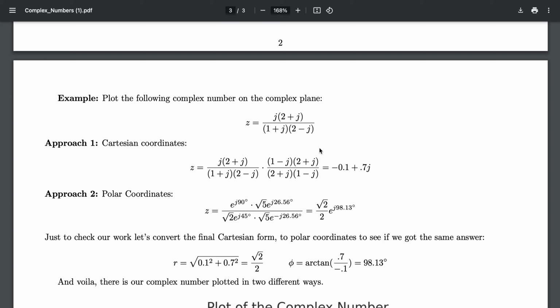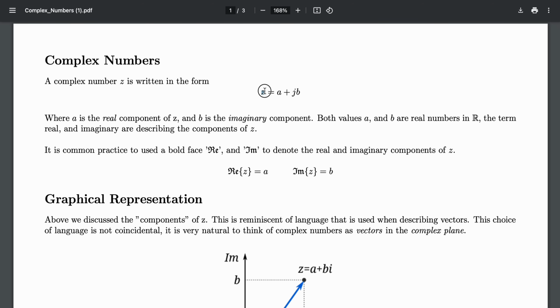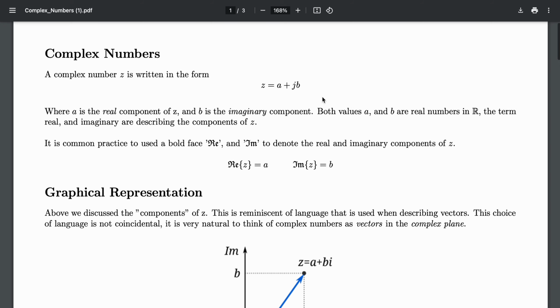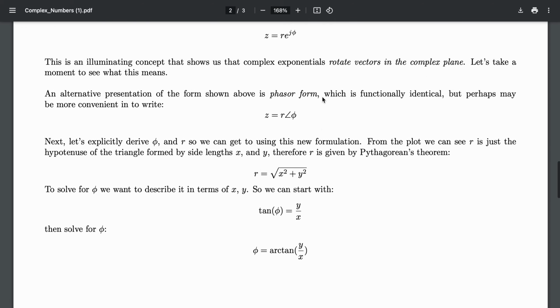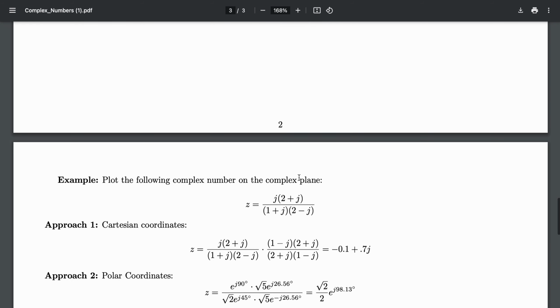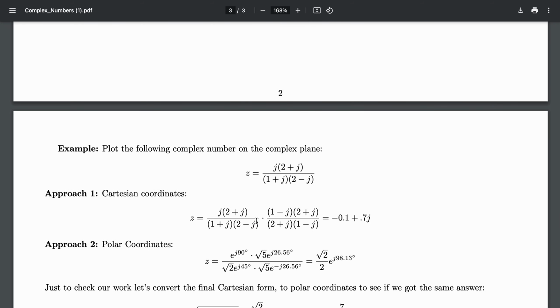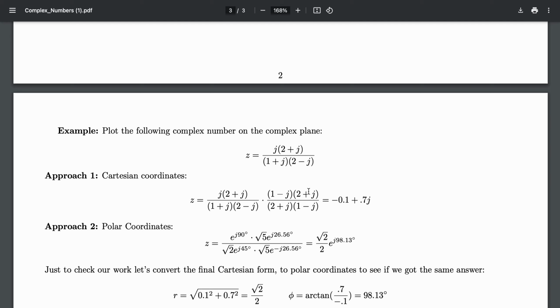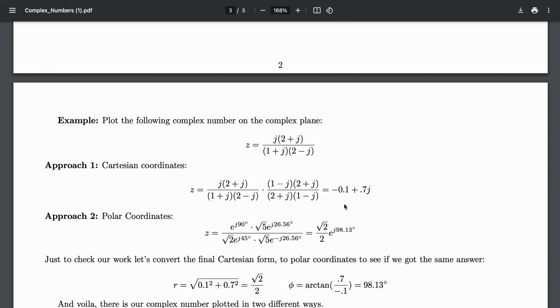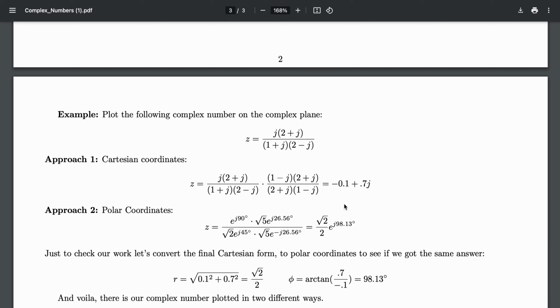First, you can do it with Cartesian coordinates. At the end of the day, in order to plot with Cartesian coordinates, you need to get it back into this a plus jb form, where you have just some number plus j times some other number. In order to do that, we need to get rid of all of these j's in the denominator, which involves multiplying by the complex conjugates and doing a bunch of distributing with complex numbers, which is maybe not super difficult, but it's definitely tedious, and it's very easy to make mistakes.